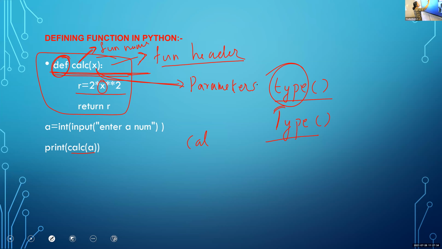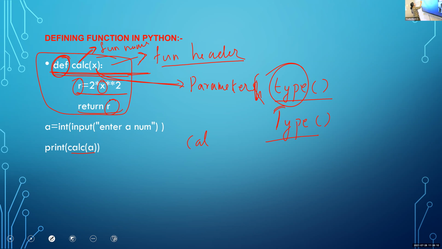Here we are using only one parameter. So x is the parameter and one colon is there. After that we are using the statement, r is equal to 2 into x exponent 2. After that we are using one more statement, return. Return is used for returning the result. r is the result, we are returning this result.